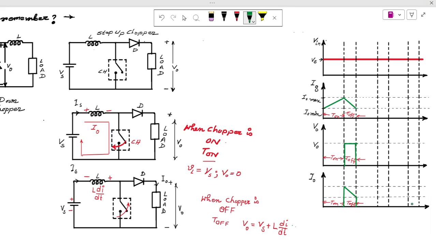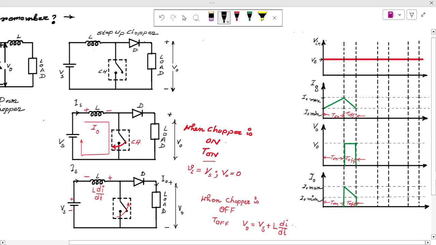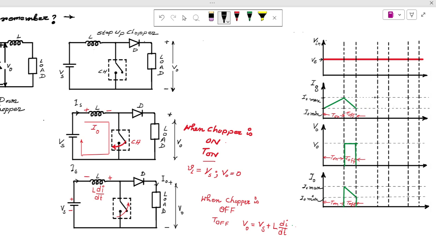So here is the current waveform, and it is same as before. This is I0 max, and this is I0, and this thing will repeat in the above cycles also. So we can consider the current will increase, then decrease.